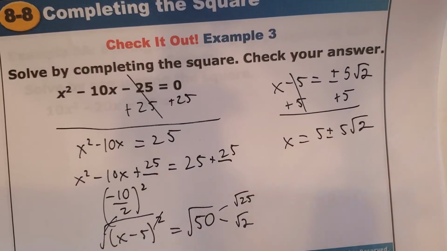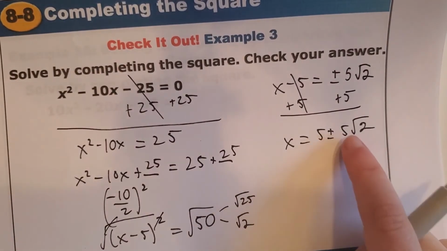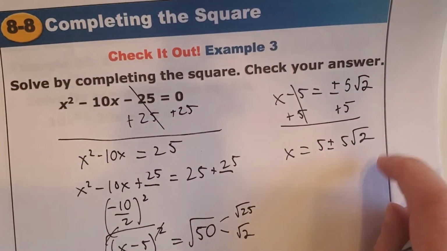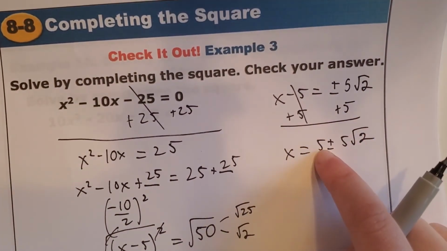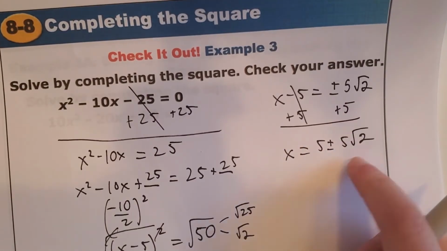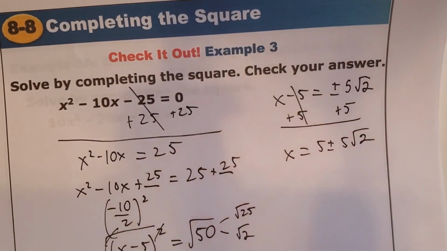Please do not do 10 root 2. Please do not do 0 root 2, all right? It's the same kind of thing, because this whole term has a radical with it, you cannot do anything with it with the 5. It's got to stay 5 plus 5 root 2 and 5 minus 5 root 2. All right? And that's it for that problem.